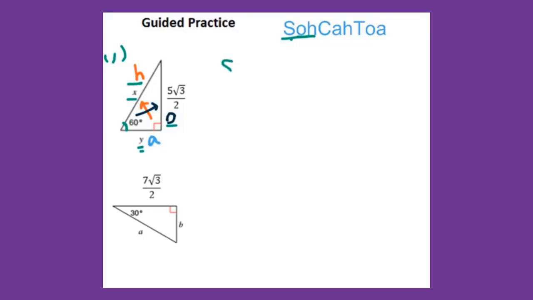That's why I use sine 60 equals opposite over hypotenuse. Opposite will be 5 square root 3 over 2, then divided by X.